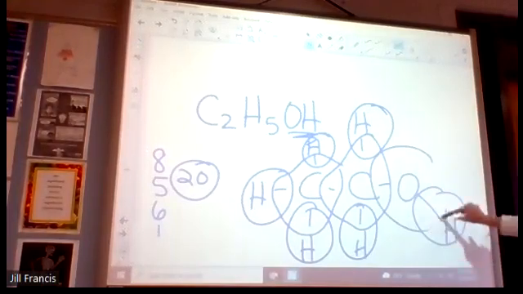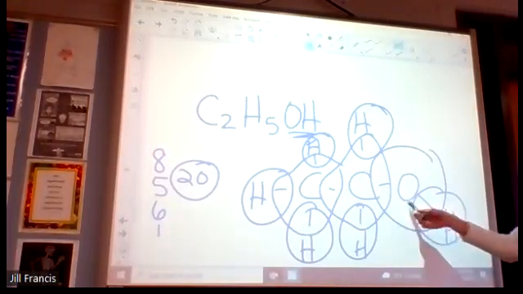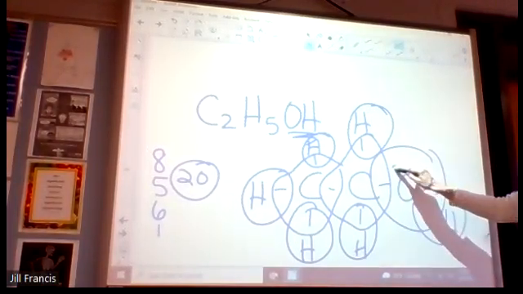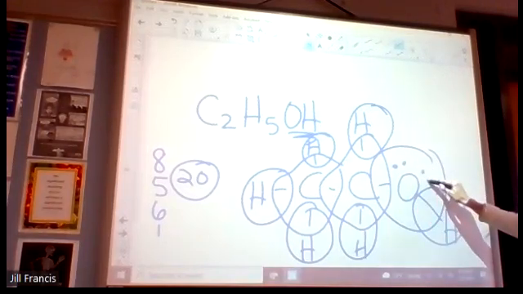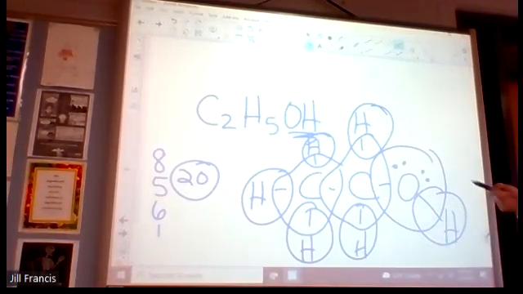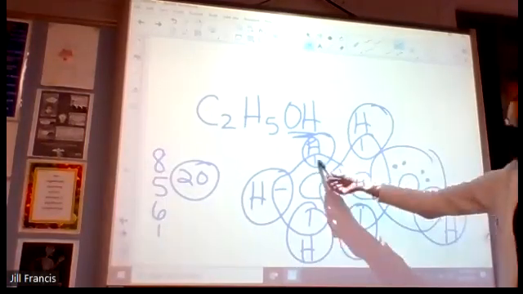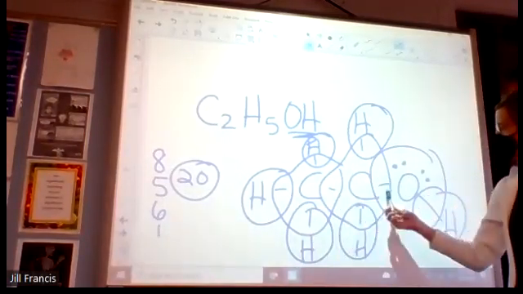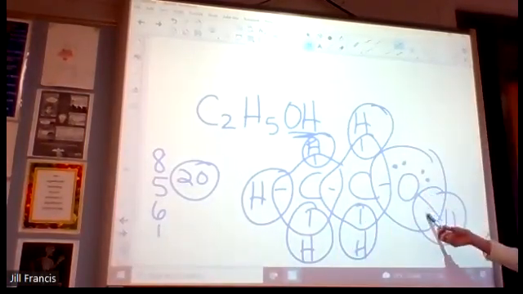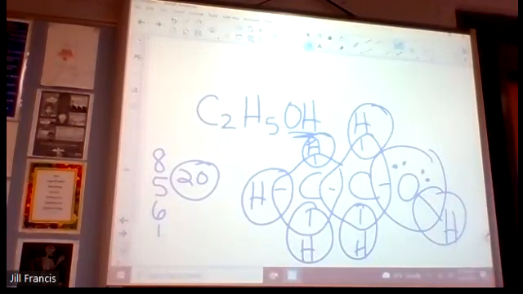And then we have to look at our oxygen. Our oxygen only has 4, right? So we have to add 2 pairs of electrons here to get our full. And then we've got to add up our 20. So 2, 4, 6, 8, 10, 12, 14, 16, 18. So just to kind of show you, those formulas are in an order for a reason. That's how you kind of figure out where everything goes.